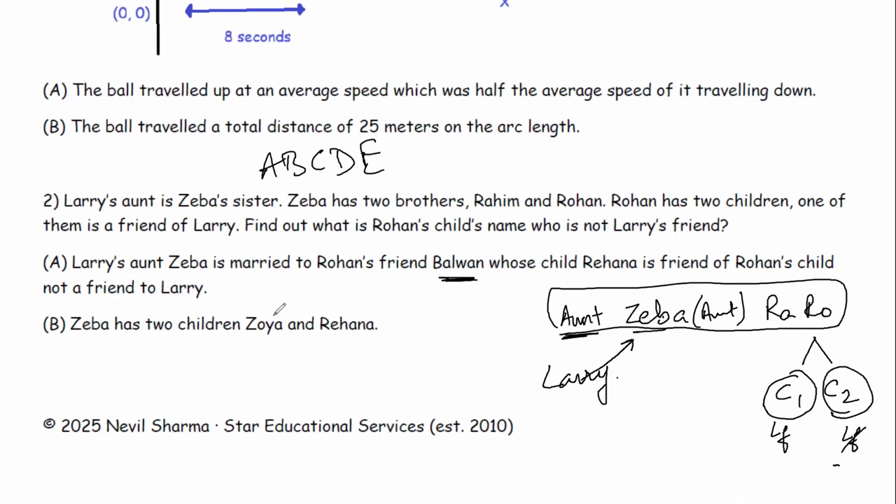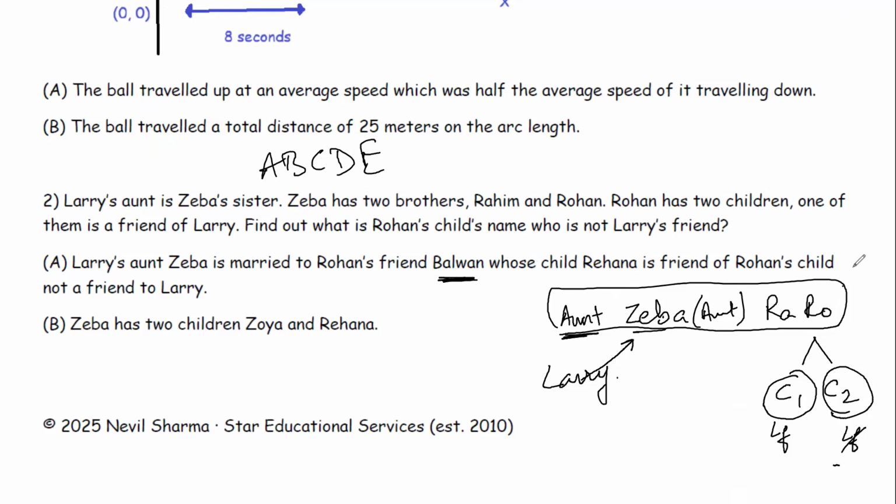Okay, so Larry's aunt Zeba, all right. So out here, Larry's aunt is Zeba's sister. Okay, right. So Larry's aunt Zeba is married to Rohan's friend Balwan.